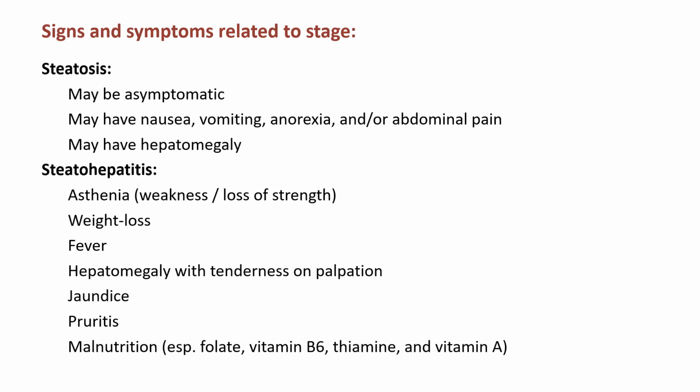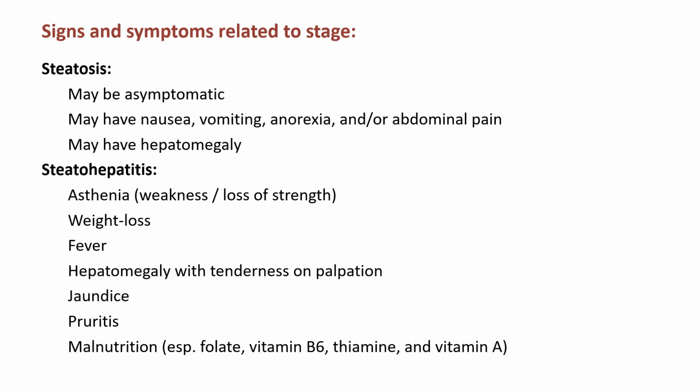Once we get into steatohepatitis, we start seeing more defined symptoms. Things like asthenia, which is weakness of the muscles and loss of strength. Possibly weight loss, fever, hepatomegaly, because of course we've got inflammation going on now as well with edema and everything else. So the liver will enlarge.